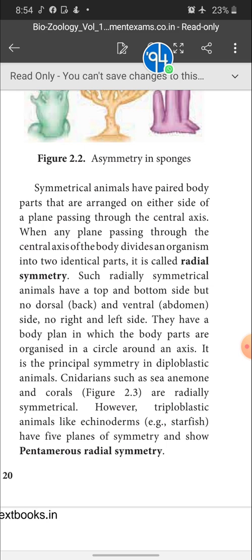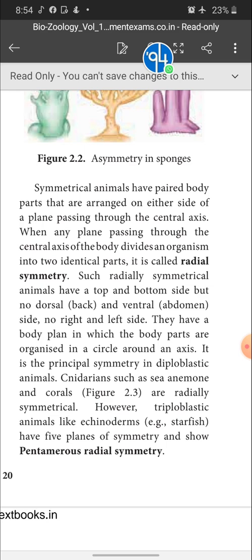The plane should pass through the central axis. This divides the organism into two identical parts, and it is called radial symmetry.